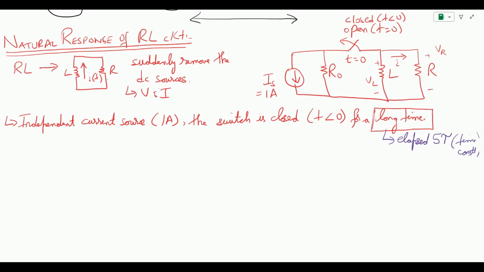Another meaning to understand the long time is that the system has achieved a steady state condition.